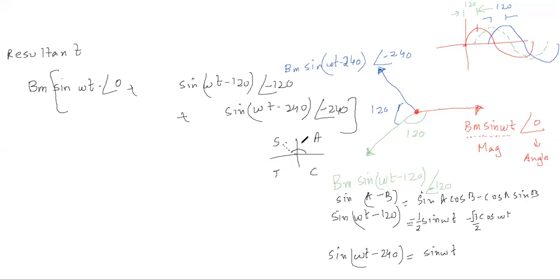Cos is negative in the third quadrant, so it will be equal to minus cos of 60 degree, and minus cos of 60 is again minus half. And similarly minus cos omega t sine of 240, and sine is also negative in the third quadrant, so sine will be minus under root 3 over 2, but this minus of the formula will make it plus under root 3 over 2.